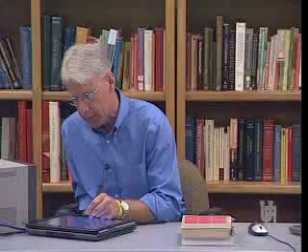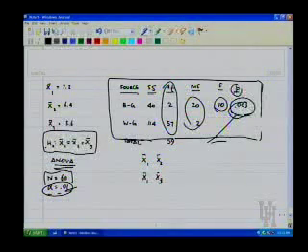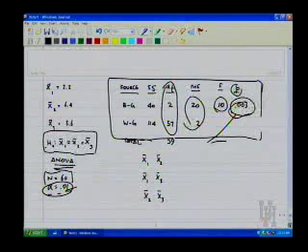What you don't know at this point is why you've rejected this null hypothesis. You don't know whether you've rejected it because x bar 1 differs significantly from x bar 2, and or that x bar 1 differs significantly from x bar 3, and or that x bar 2 differs significantly from x bar 3.